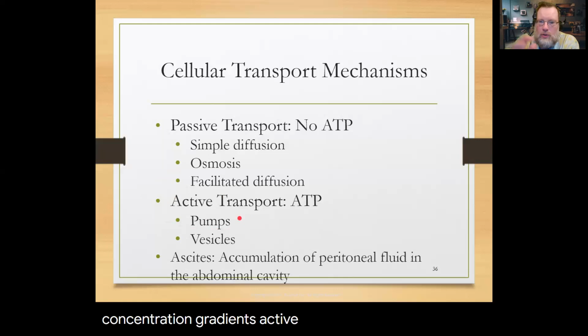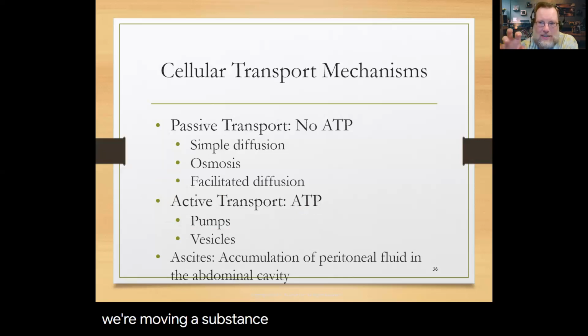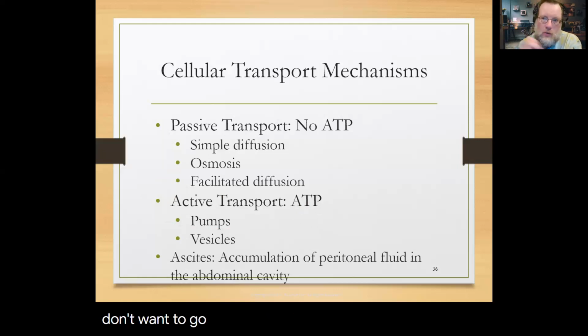Active transport typically, first of all, involves the use of energy, and active transport means we're moving a substance against its concentration gradient. So we're moving substances from low concentration to high concentration. Generally, substances don't want to go against the grain, so we have to involve a pump.